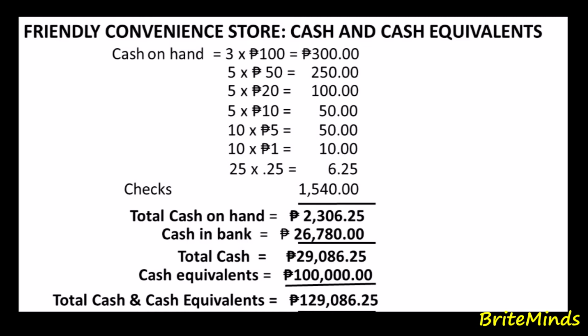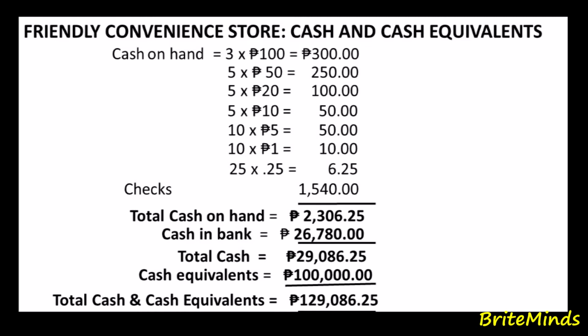So our total cash on hand is 2,306 pesos and 25 centavos. And then Friendly Convenience Store has cash in bank amounting to 26,780 pesos on December 31, 20X1.